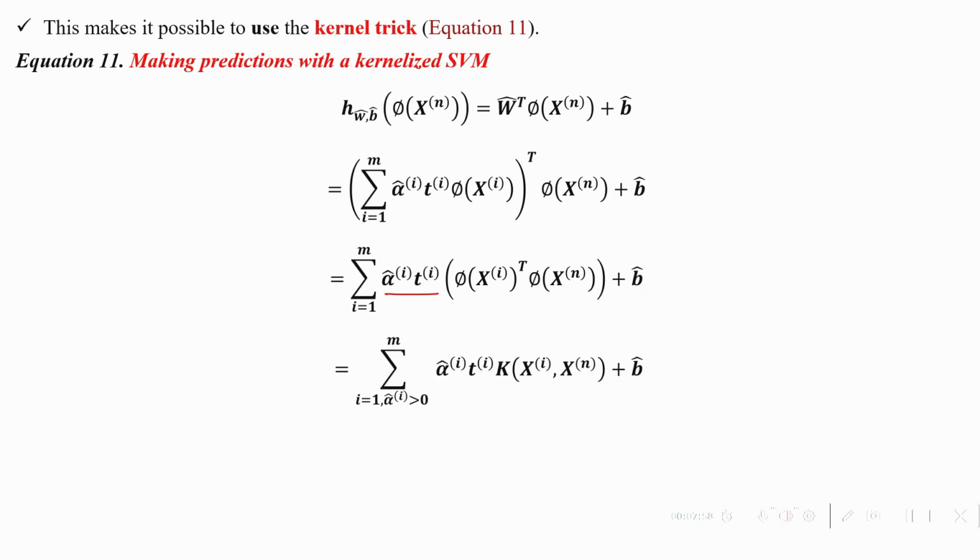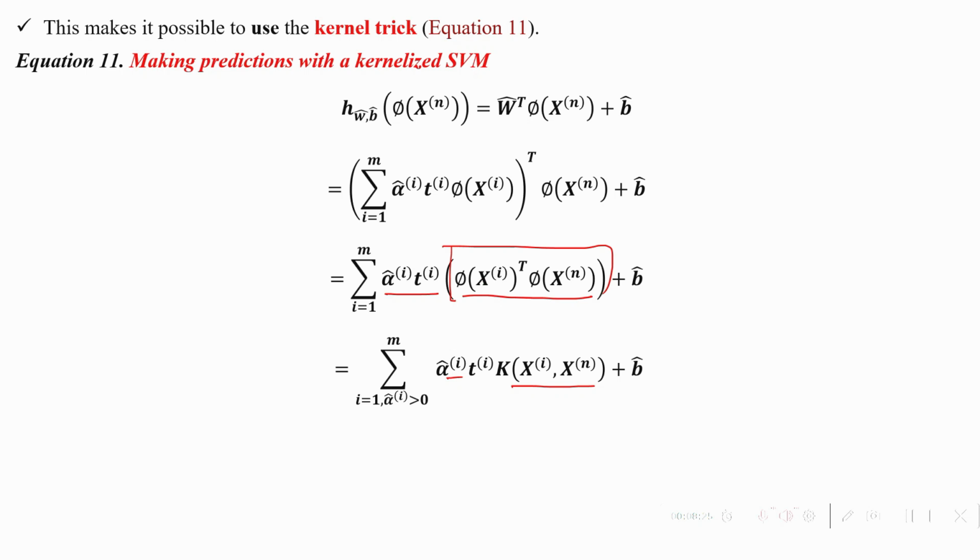That is equivalent to the sum over i equal to 1 to m, where alpha cap of i is greater than 0, of alpha cap of i t^(i) into k of x^(i), x^(n), plus b cap. We can write this as a kernel, it is nothing but one kernel.